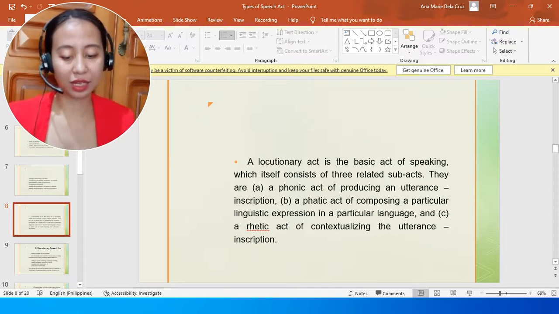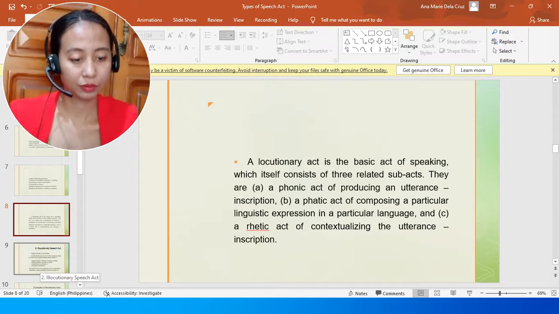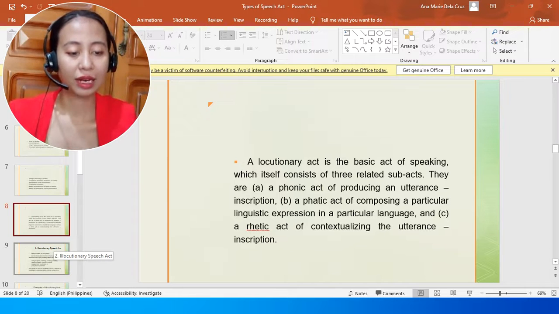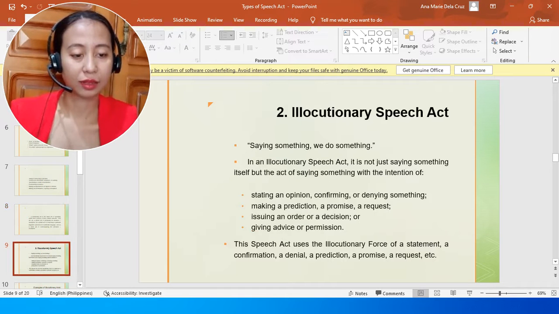So those are the three sub-acts. Take note of that. When we say phonic, that is the sound, producing an utterance. Phatic, that is composing a particular linguistic expression. Rhetic act, contextualizing the utterance.